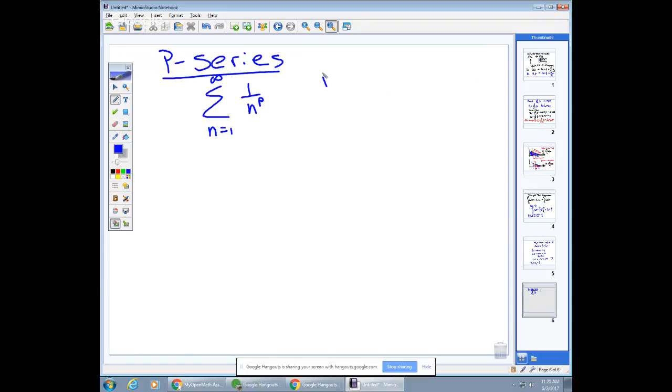We found that if p was less than or equal to 1, we have divergence, and if p is greater than 1, we have convergence. So if p is 1, that's the harmonic series that diverges. It doesn't go down fast enough. But if we make that denominator just a little bigger, then it'll converge.